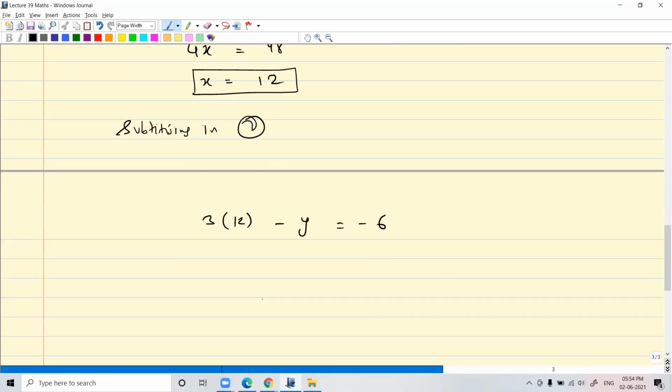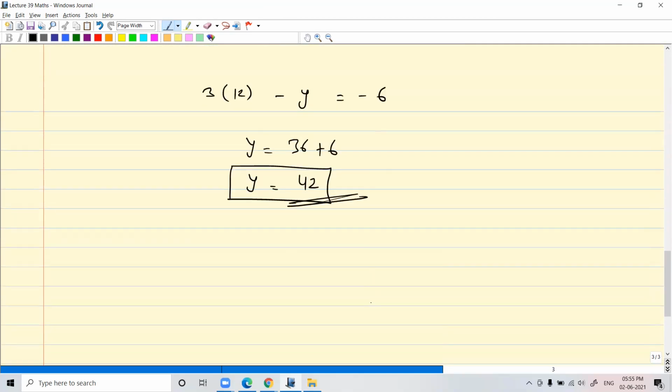So basically y is equal to 36 plus 6, right? Is that correct? Yes. Okay, that's okay. So you can do this by substitution method also. You should get the same answer. Maybe you would have made some calculation mistake. Okay, Nitya, you'll check it out.